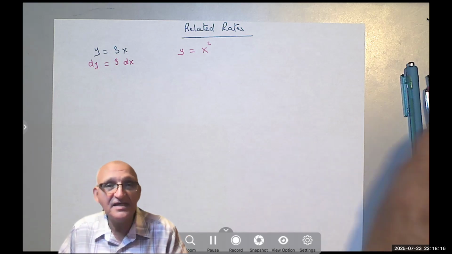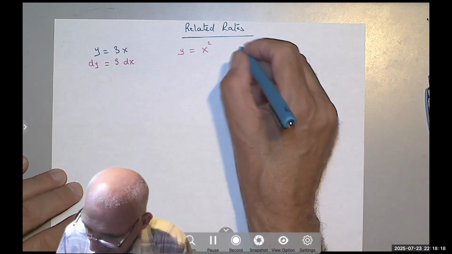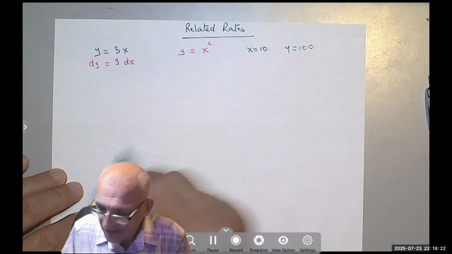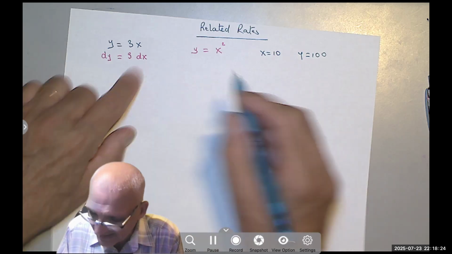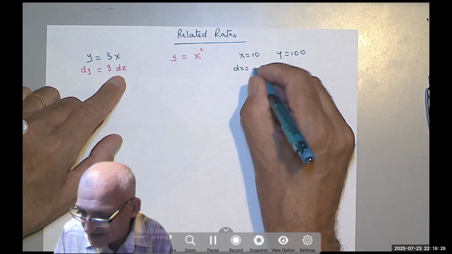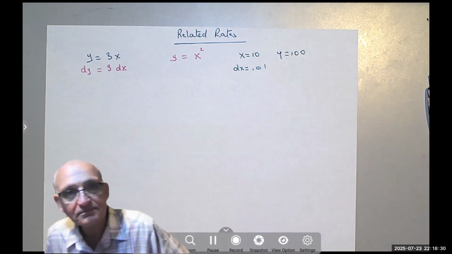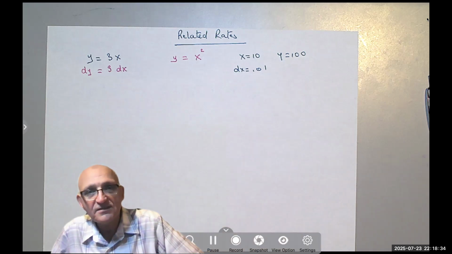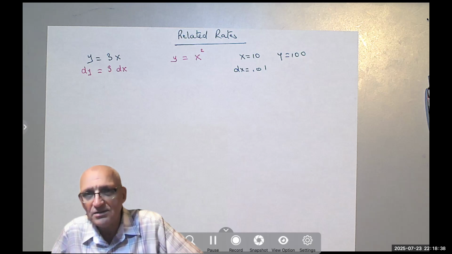Okay, let's pick an easy number. Let's say if x equals 10, y equals 100. Let's take delta x or dx to be 0.01. By how much would y increase? I don't know.